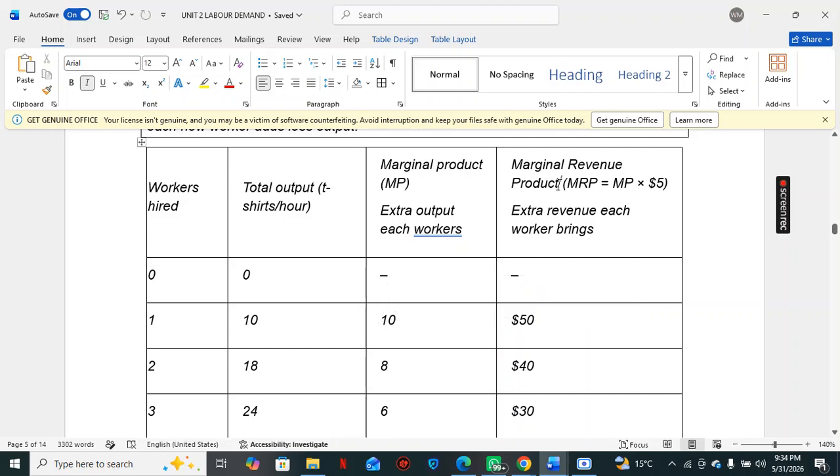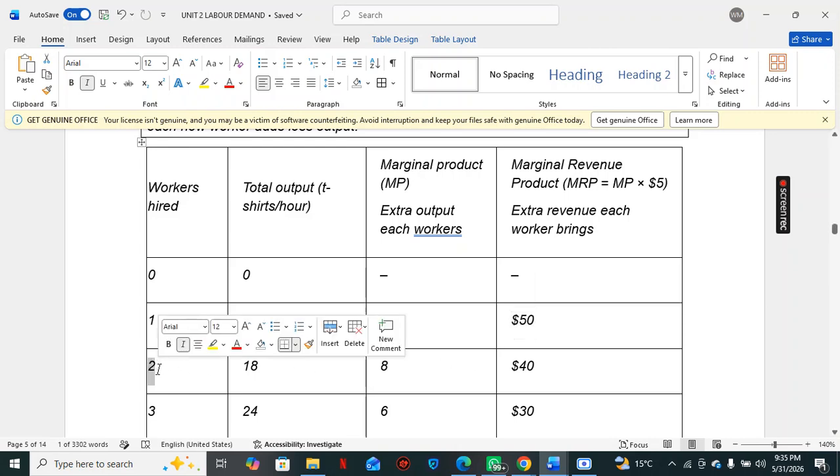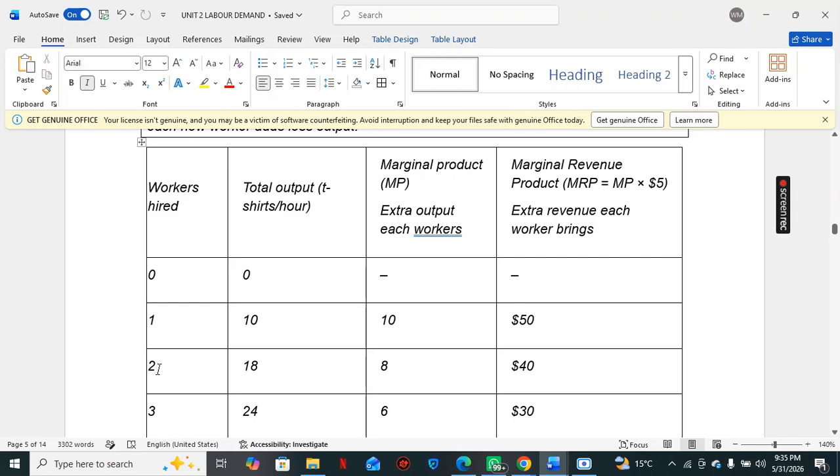What is the extra revenue this worker is bringing? Remember, the marginal revenue product is the marginal product times the selling price. So these 10 extra units this worker brings, multiplied by $5 per shirt, means this worker has brought in an extra revenue of $50. Let's say you bring in the second worker. Your total output is 18 shirts.